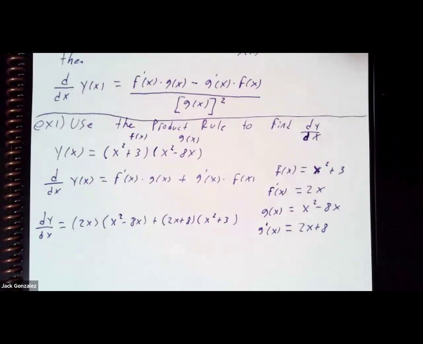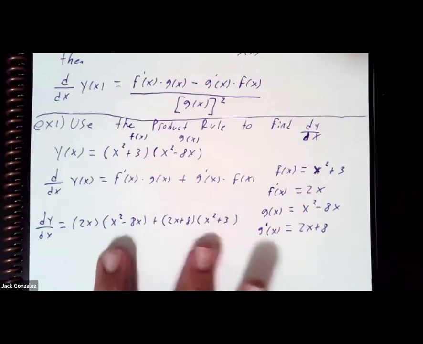Is it clear how we got there? So at this point, we're pretty much done. Just got to multiply it out.